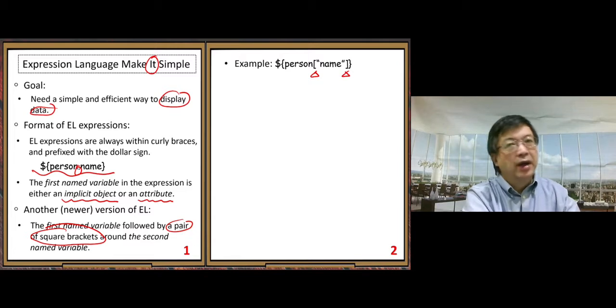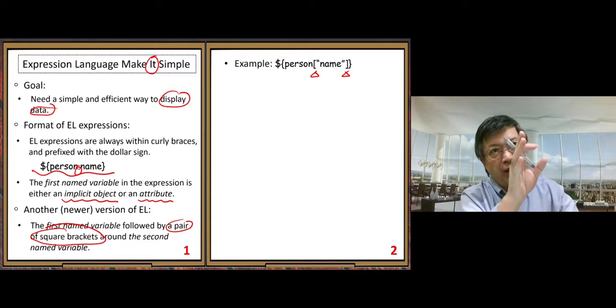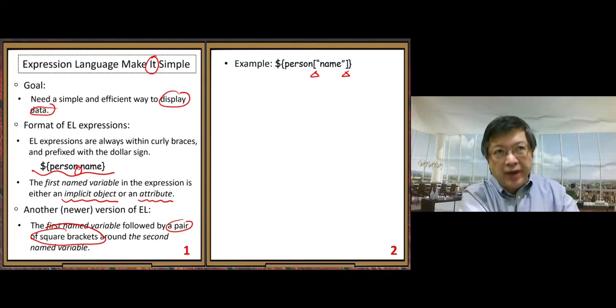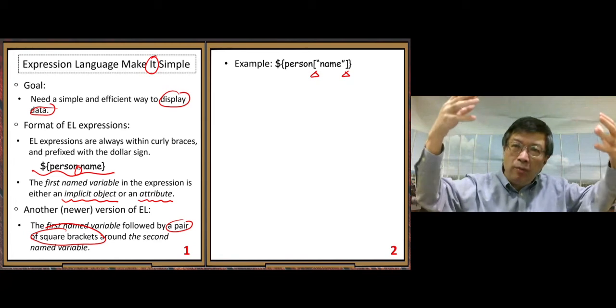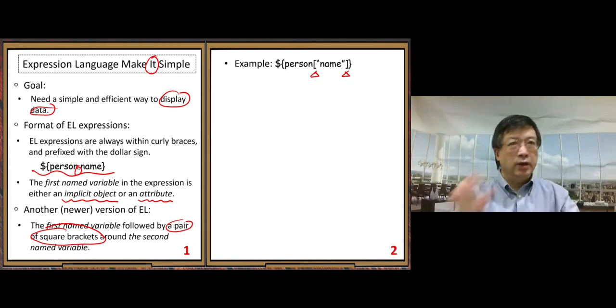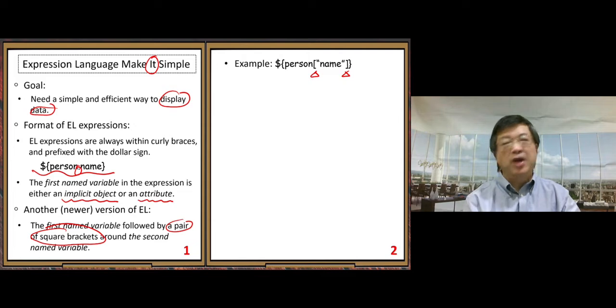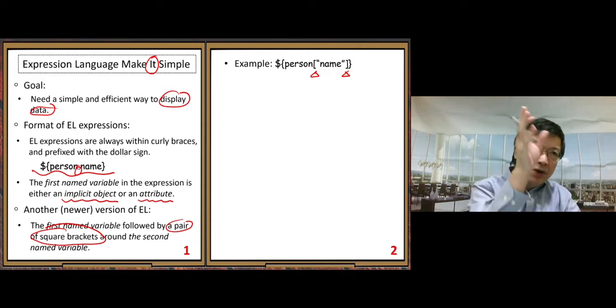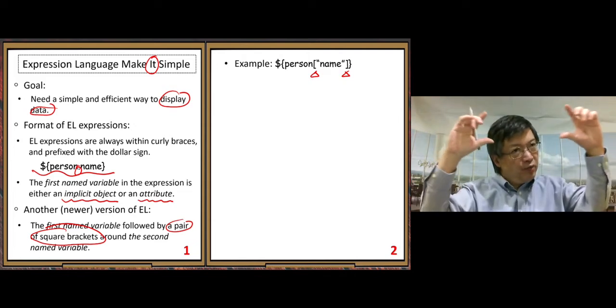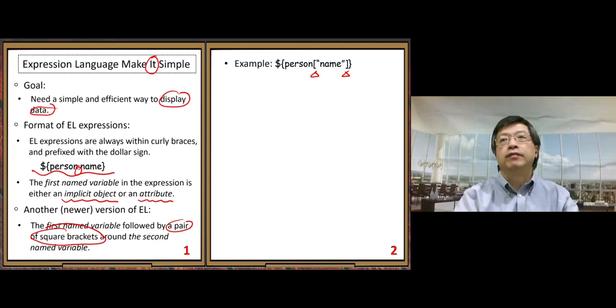That's why this newer square bracket way can make your EL more powerful. We will discuss that later. Later we will spend quite some time on how to use the square bracket way for the EL.